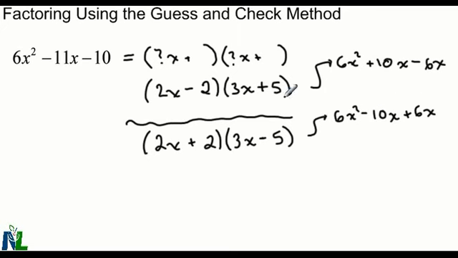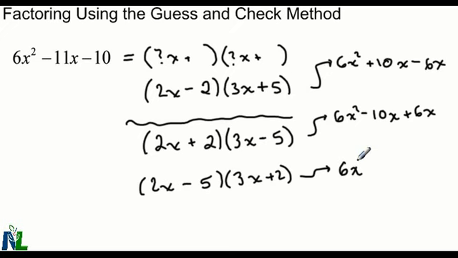So I'm going to try one more example where I say 2x, in this case, minus 5, and I'm going to try 3x plus 2 and see if that works. So testing this one, what I find is I have 2x times 3x is 6x squared. I've got 2x times 2, that's 4x.